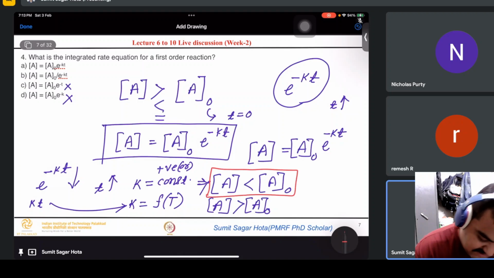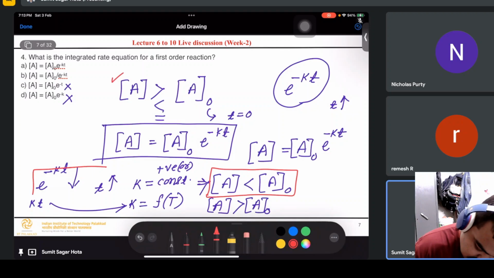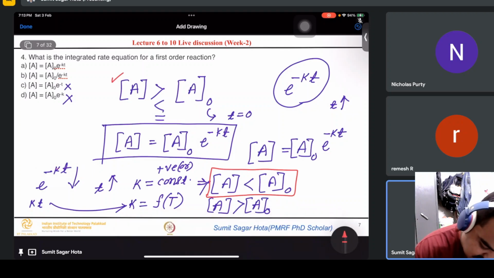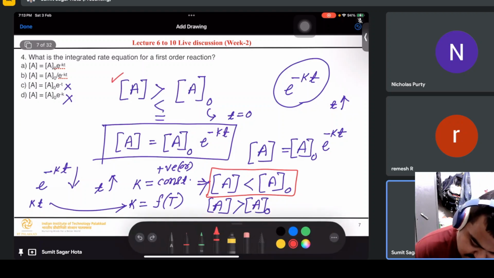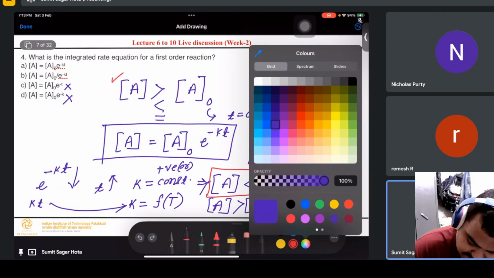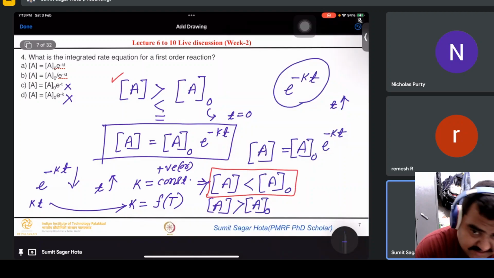To make it understood, write it in this way. So these are the conditions, and it works both ways. I think that is clear.